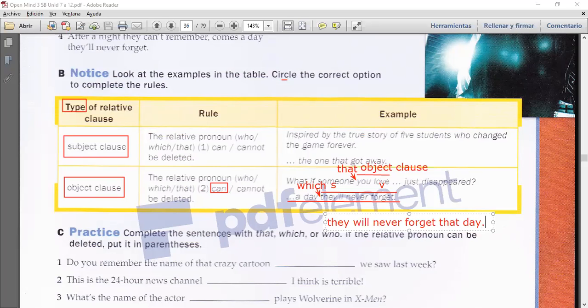They will never forget that day. What do we have in this sentence? Subject, will never forget verb, and the object is a day. They will never forget that day, this day. Okay, object.